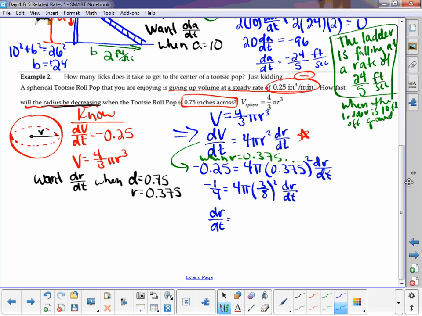So again, leave it in terms of pi, and I want the fraction, not decimal.